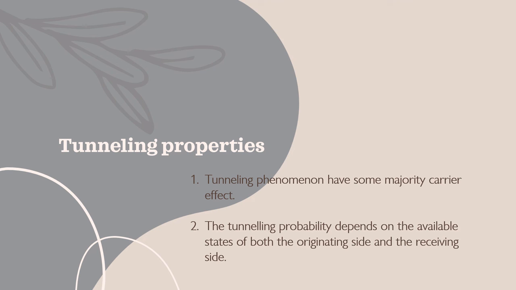Based on these two properties, in the next class we can discuss the tunnel diode. The tunnel diode is based on these quantum mechanical devices and these quantum tunneling properties.